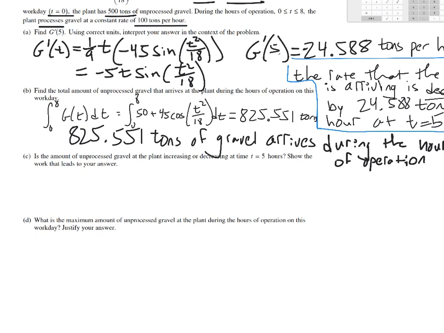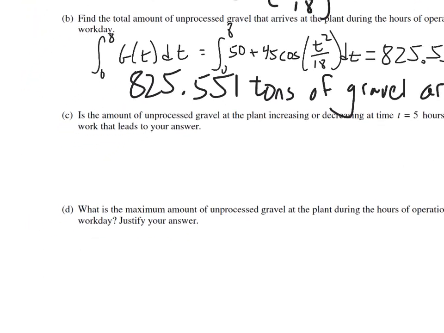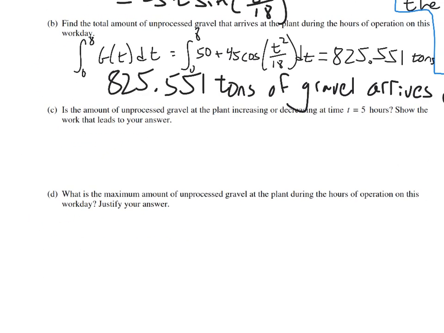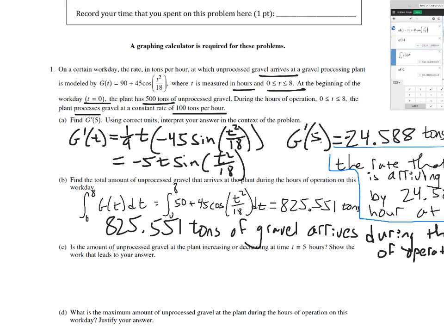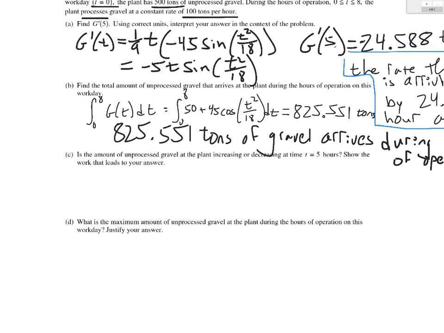The question is, is the amount of gravel increasing or decreasing at time t equals 5? Okay, so we've got to look at the rates here. Increasing or decreasing is the rate of change. And we know the rate that it is coming in is G of t, of course, and then the rate that is being processed is 100.